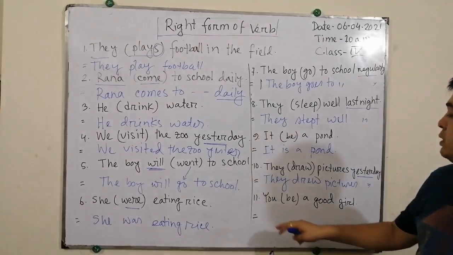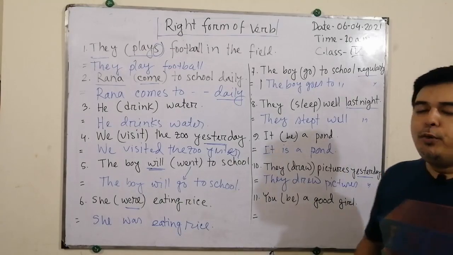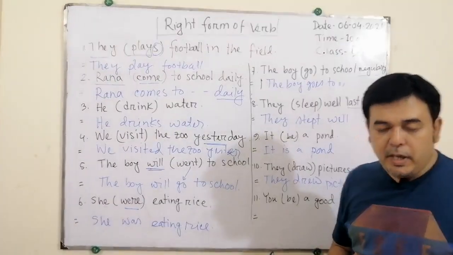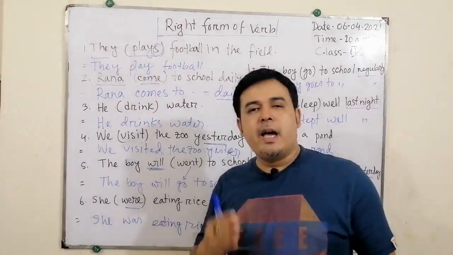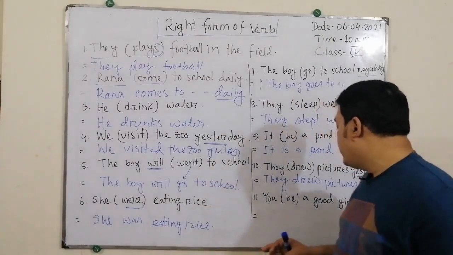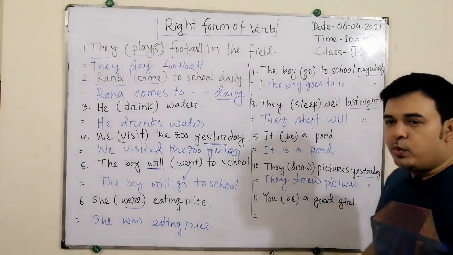Okay, so the next number 11, you be a good girl. Here again there is be, that means we have to use am, is, are, or was, were. As there is no indicator of past tense like yesterday, last night, last month, what should we do?